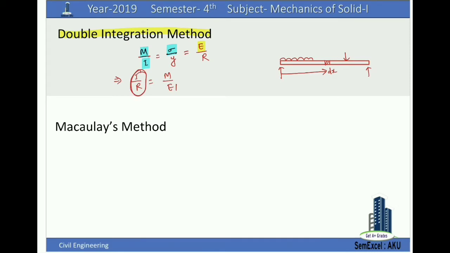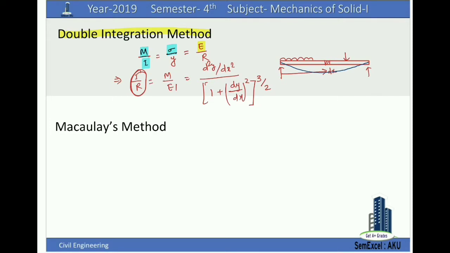Mathematically, the curvature is defined as d2y by dx square divided by 1 plus dy by dx whole square to the power 3 by 2. If we see the deflection pattern in a beam, then we will find the slope dy by dx at any point.